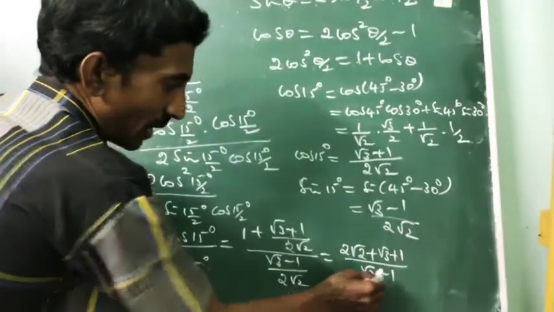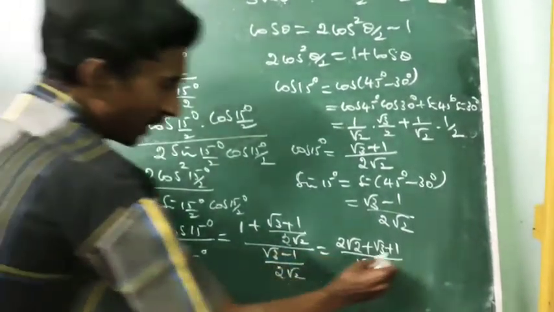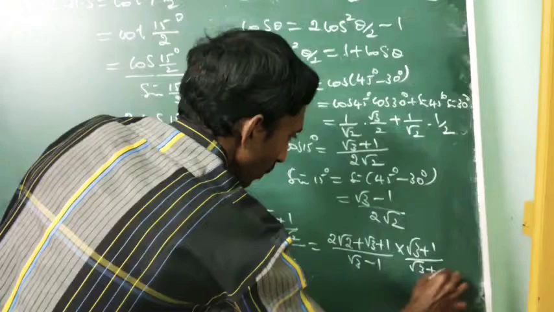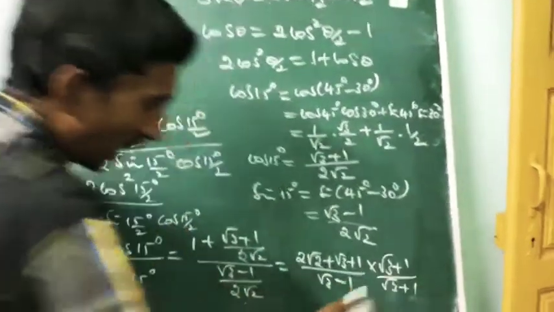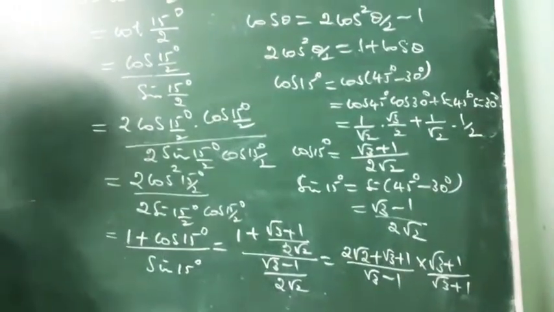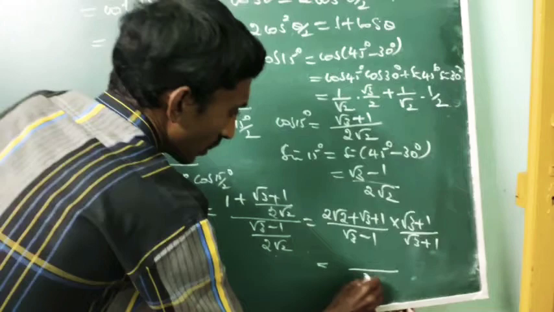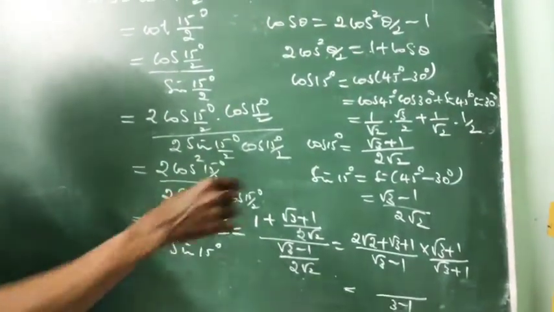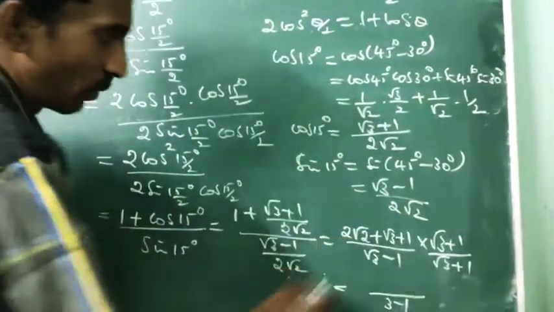So multiply both numerator and denominator by the conjugate of the denominator, root 3 plus 1. The denominator is (a plus b) into (a minus b), so a square minus b square. Obviously the denominator is 3 minus 1, since root 3 square is 3 and 1 square is 1. So 3 minus 1.